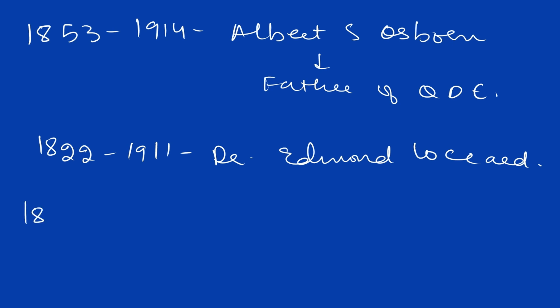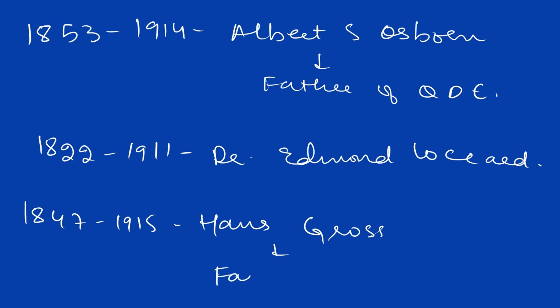From 1847 to 1915 came Hans Gross, who is known as the founding father of criminal profiling, and he started the Institute of Criminology at Graz.